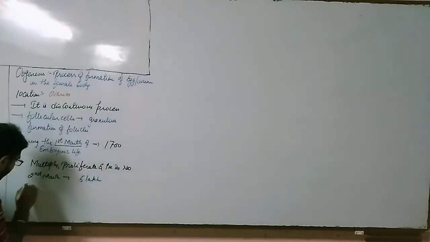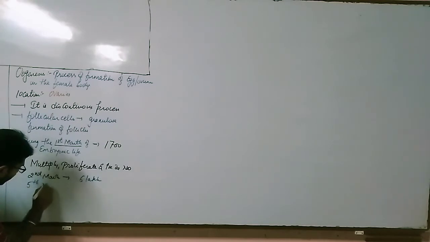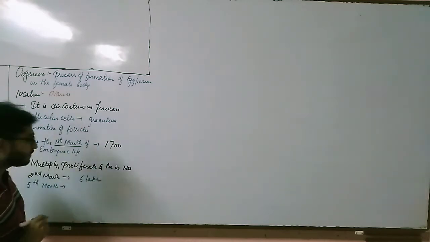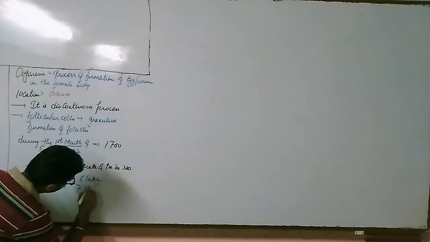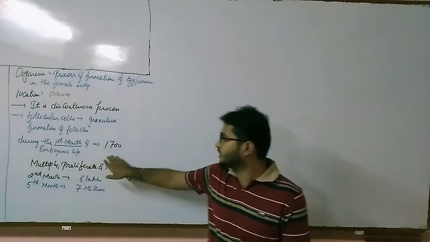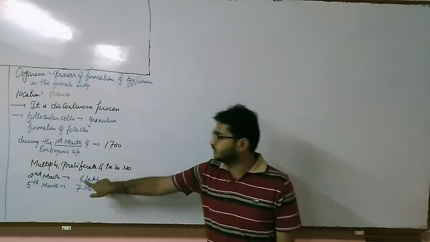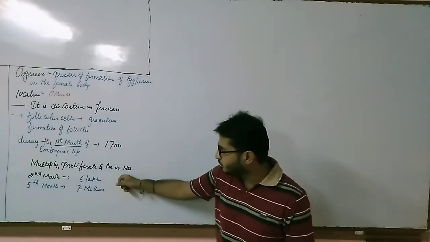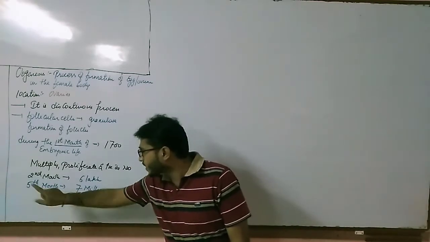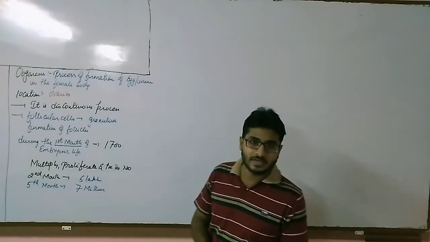Let us say during the fifth month of embryonic life, the number of primary follicles reaches 7 million. So 1700 during the first month, 6 lakhs during the second month, 7 million during the fifth month of embryonic development.